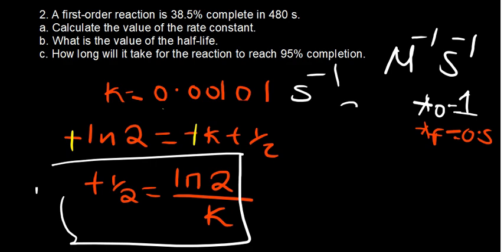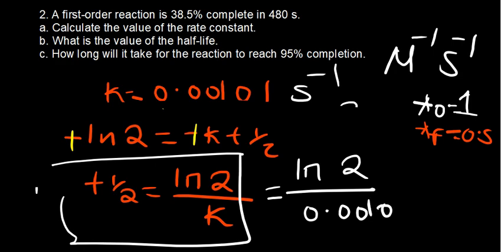So now that we have our equation, we can try to simplify it. Natural log of 2 divided by our constant 0.00101. What are we going to have?